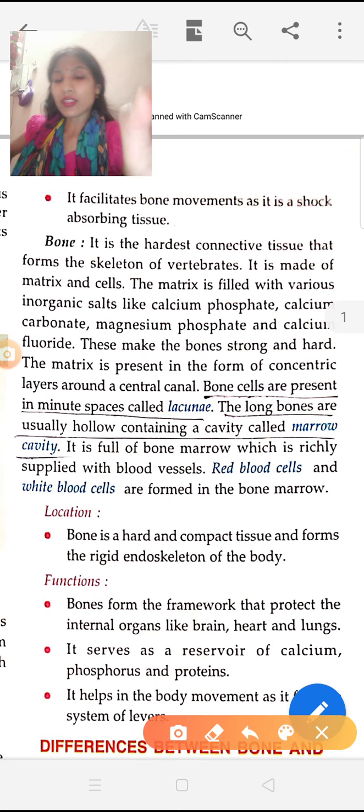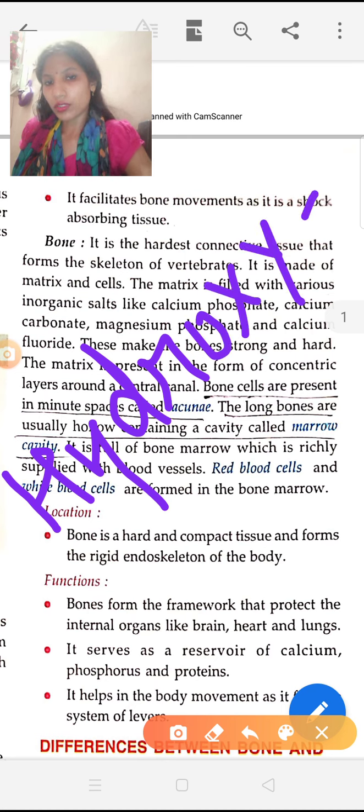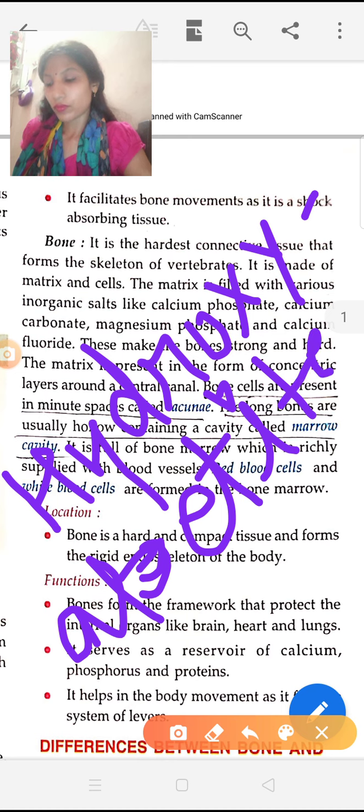Because they have a special type of material, that is known as hydroxyapatite.